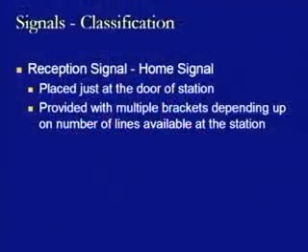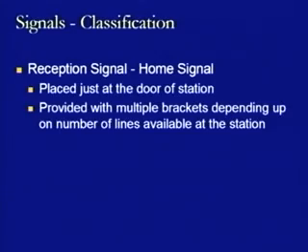This may be provided, may not be provided, depending on the number of tracks which are available on that station. If there is only a single track available on the station, to accommodate a train from one direction, then there can be one signal with a single arm, which will define the movement of a train on this track.